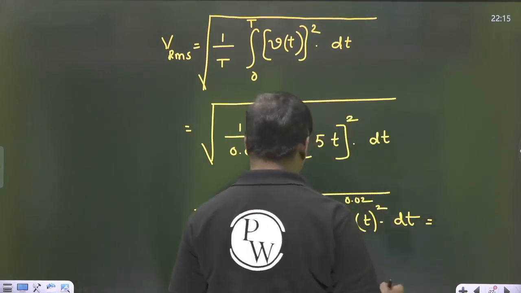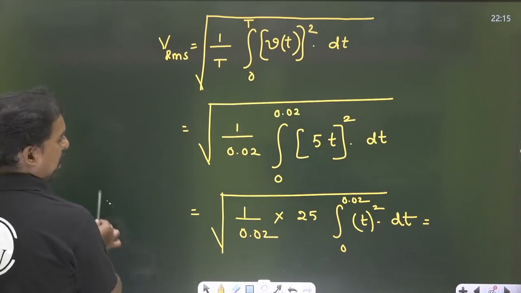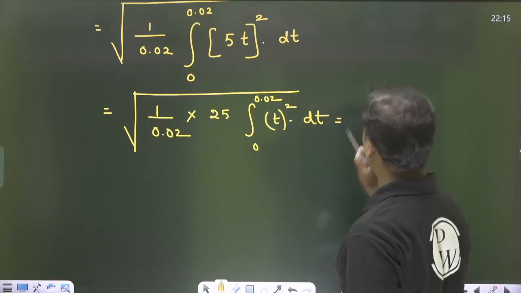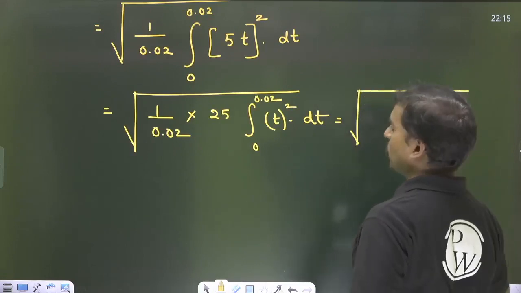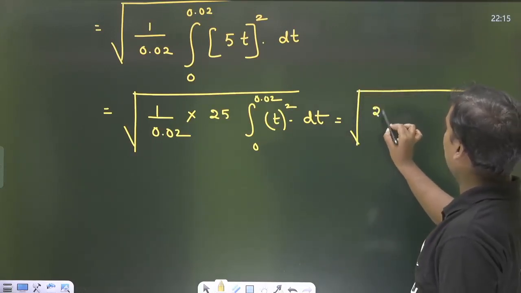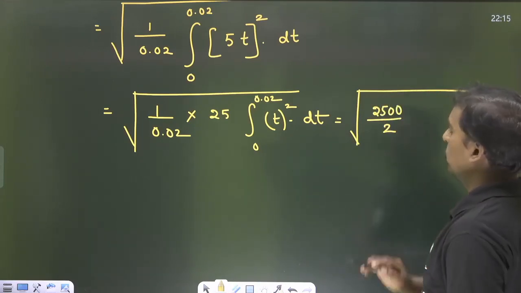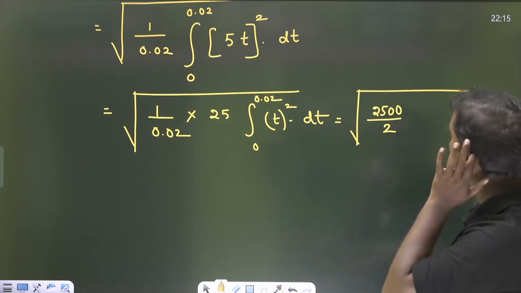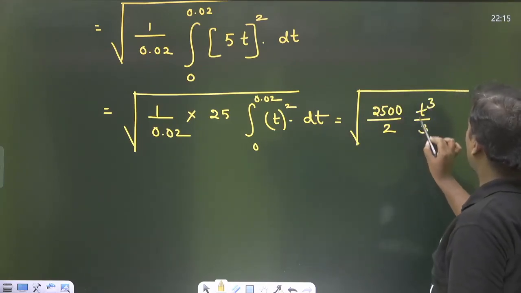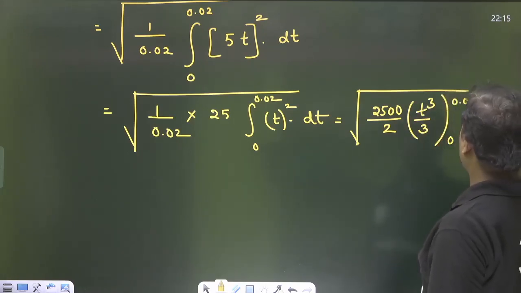This will be the square root of, t cube by 3, so 25 by 0.02, t cube by 3, from 0 to 0.02 seconds.